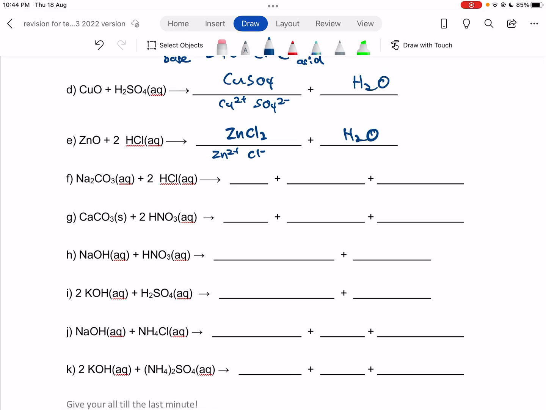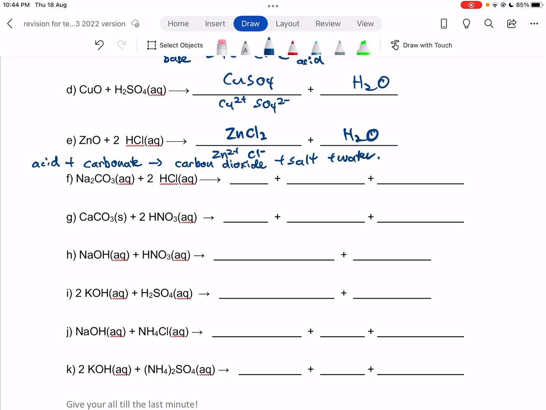Then the next three I have acid plus carbonate reaction. So what I get is acid plus carbonate gives you carbon dioxide, salt and water. Let's look here.